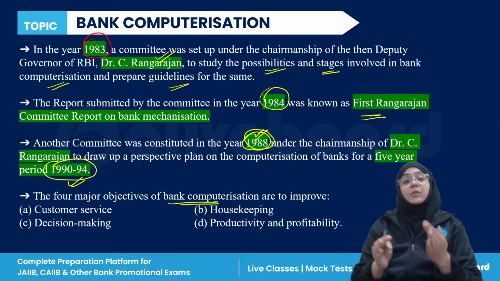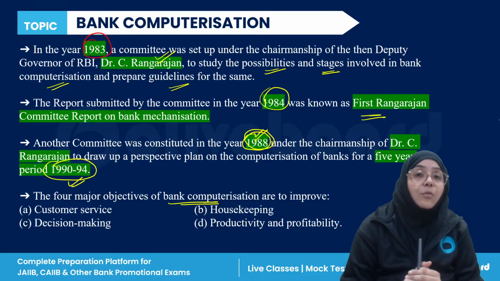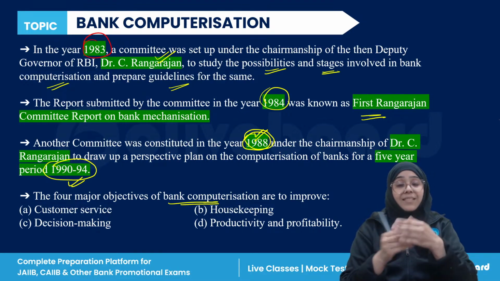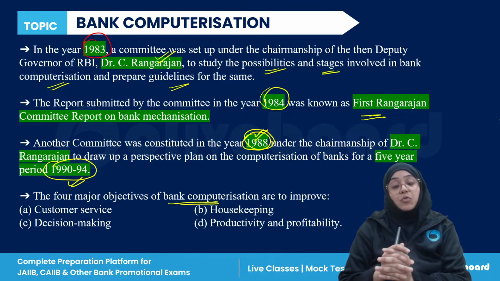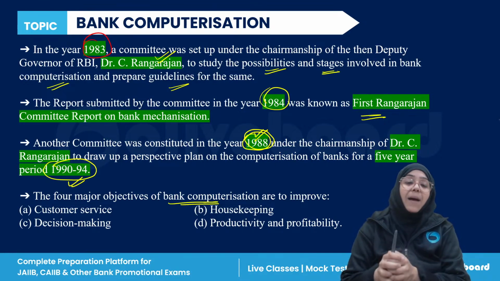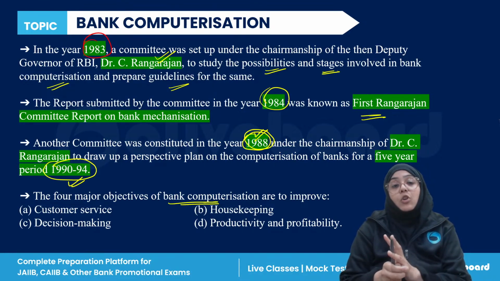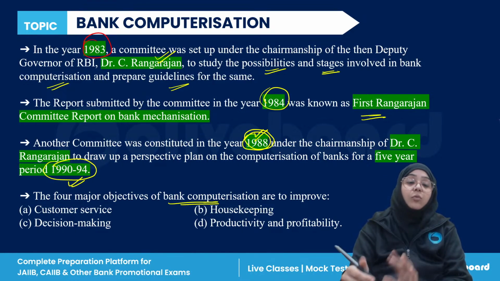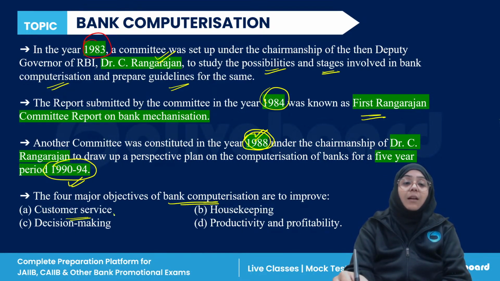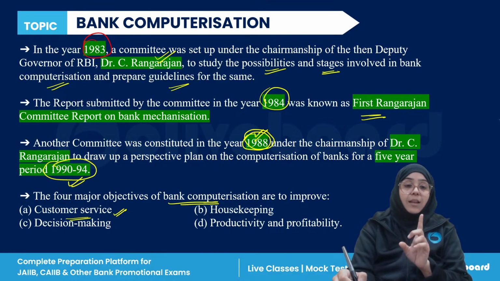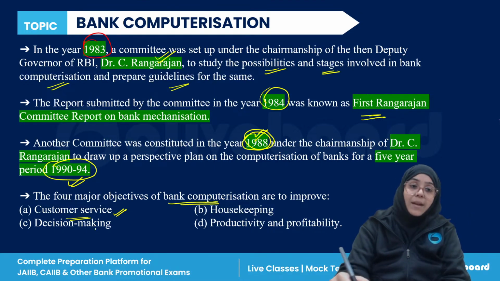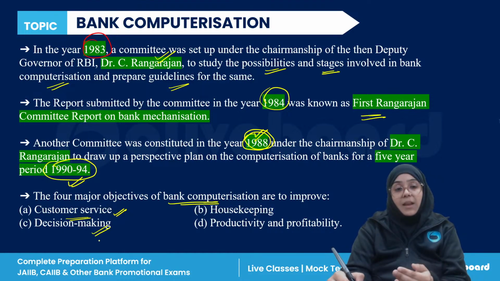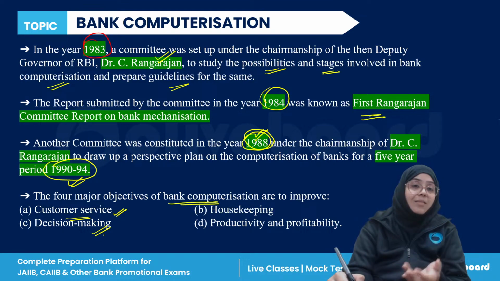Now, the four major objectives of banking computerization. Why was there a discussion to involve computers in the banking system, and how does computerization help it? First, improving customer service. Second, better decision making.